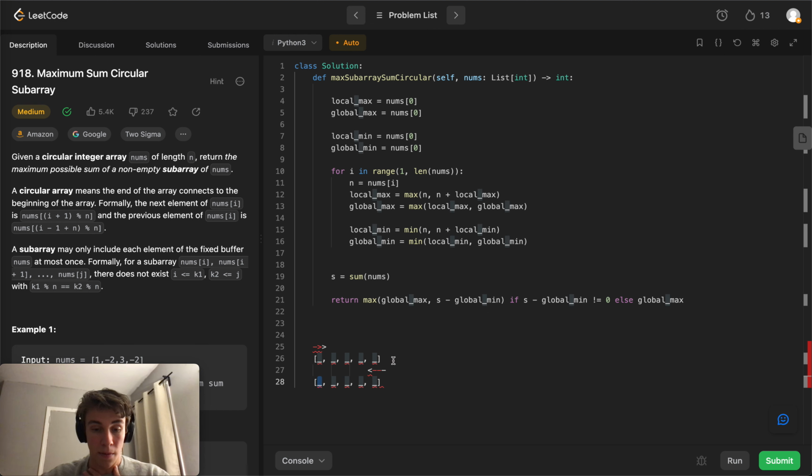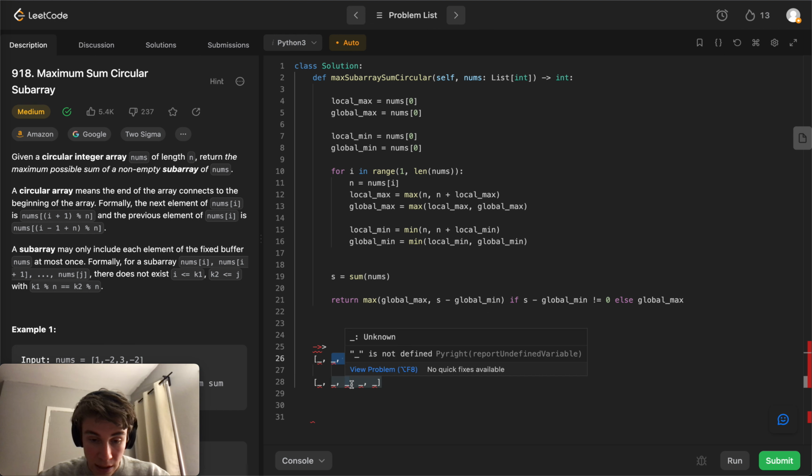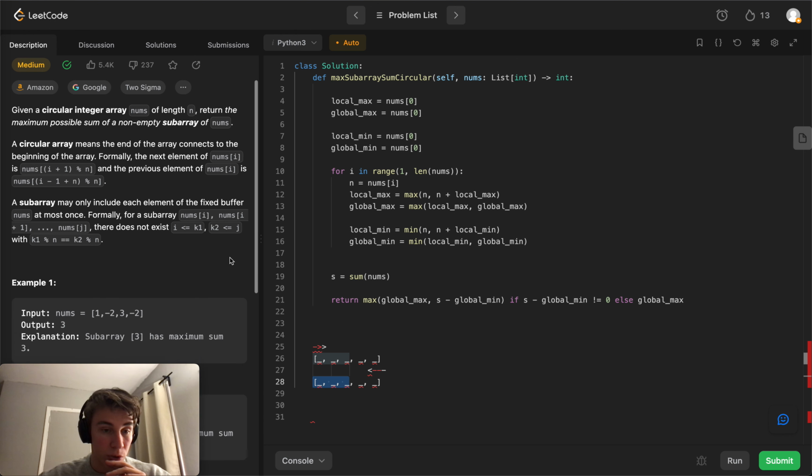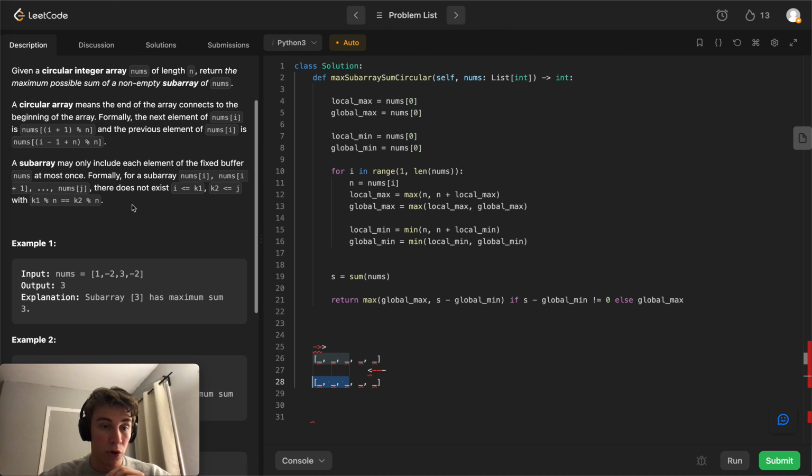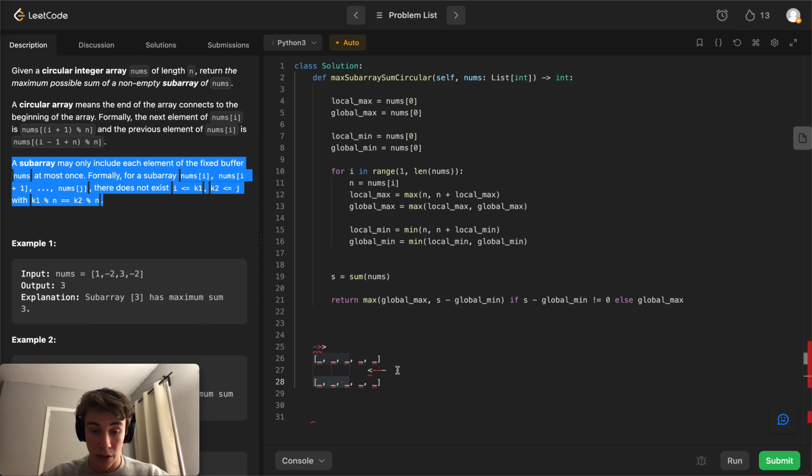And we could try to add them to see if the max subarray of regular Kadane's algorithm is greater or equal to this plus this, right? However, you start getting into edge cases where potentially, accidentally, you could end up overlapping some of these max subarrays, which is what this portion of the problem was stressing not to do.